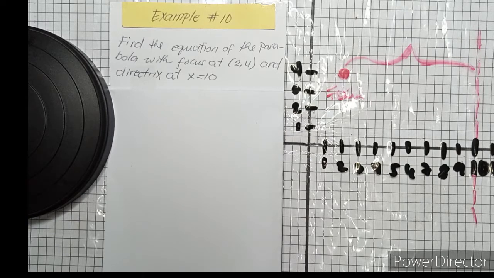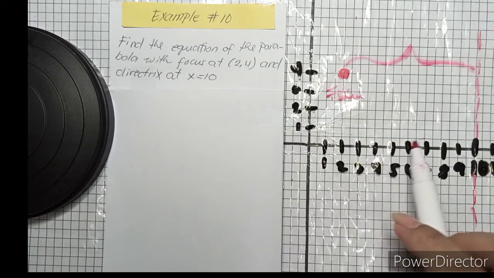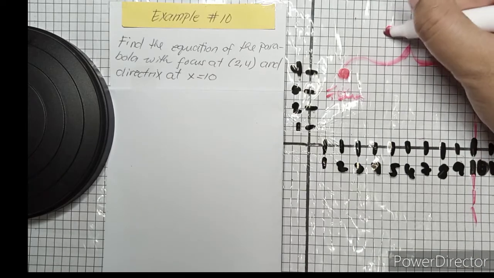So, i-divide po natin yung distance ni focus going to directrix by 2. So, let's count muna kung gaano kalayo si focus kay ating directrix. So, we have 1, 2, 3, 4, 5, 6, 7, 8. So, ang distance po niya ay 8 units.